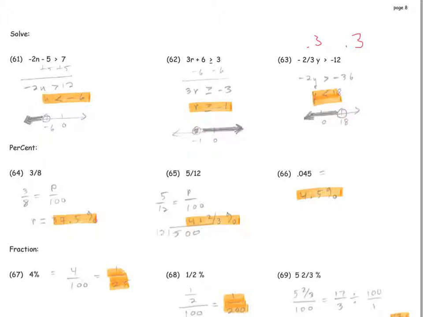So one thing you can do is you can say that 3 over 8 is what percent out of 100, and set it up as a ratio. I cross-multiplied and I divided, and I got that P was 37.5, and 37.5 was a percent. I did the same thing for 5 over 12 and said that 5 over 12 is what out of 100, because what is the percent.